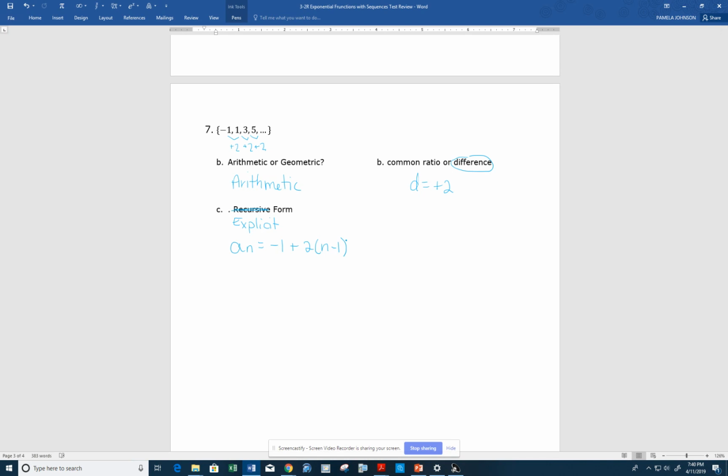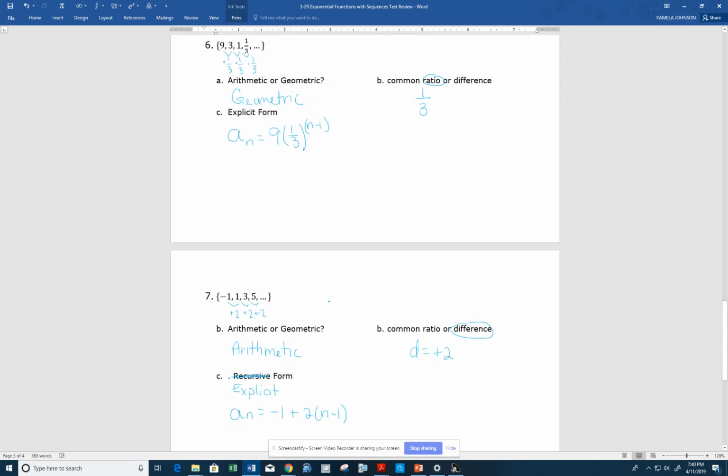So real quick, let me show you what the recursive forms would have been for each of these. Recursive for the geometric would have been a sub 1 equals 9, and a sub n equals a sub n minus 1 times 1/3.